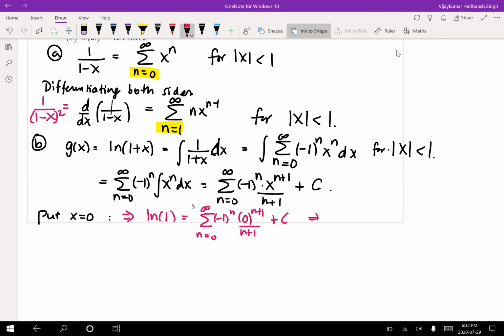So this implies c equals 0. And therefore we get ln of 1 plus x equals summation n equals 0 to infinity minus 1 to the power n x to the power n plus 1 divided by n plus 1. And this is true if absolute value of x is less than 1.